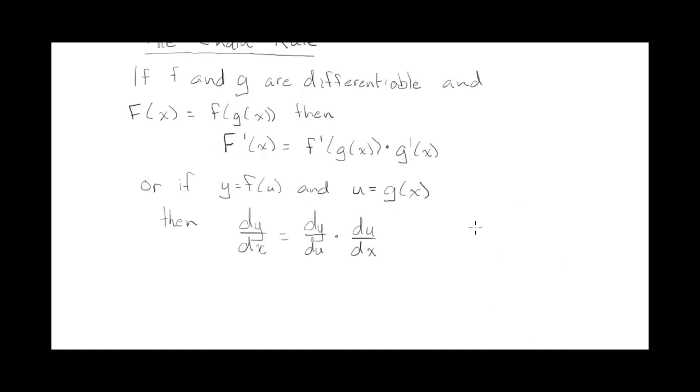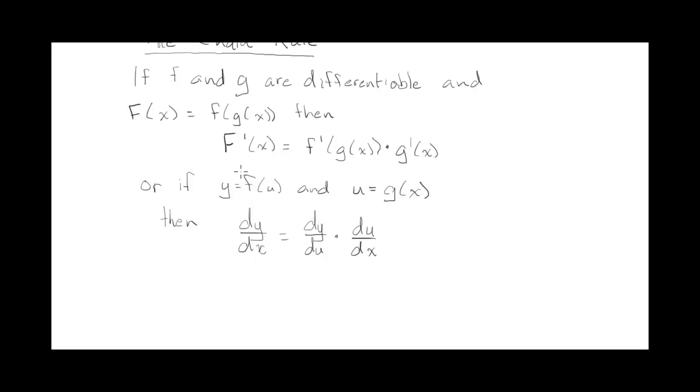Or in Leibniz notation, this is another way to write it. Remember I said, you have your function f of u. You can think about f of u, your outside function being evaluated at u, and then your inside function is equal to u, so u equals g of x. Then in Leibniz notation, the derivative dy by dx, so that's the derivative of the whole thing, is equal to the derivative of the outside function times the derivative of the inside function.